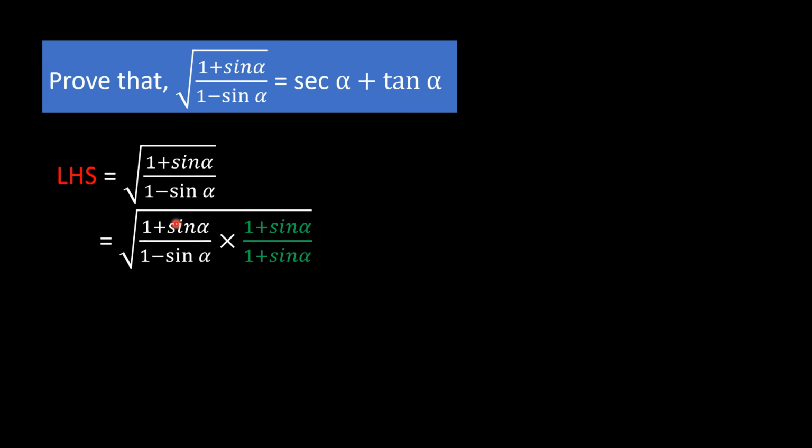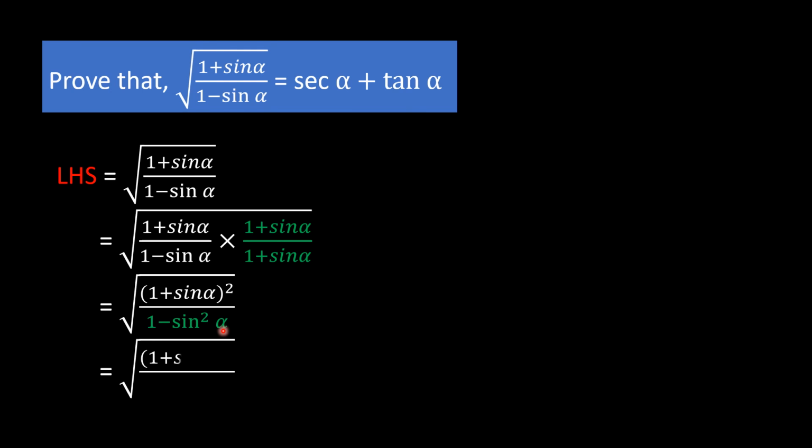Now we will multiply numerator and denominator separately. Multiplication in the numerator gives us 1 plus sin alpha whole squared, and 1 minus sin alpha multiplied by 1 plus sin alpha gives us 1 minus sin squared alpha. Now 1 minus sin squared alpha is cos squared alpha.